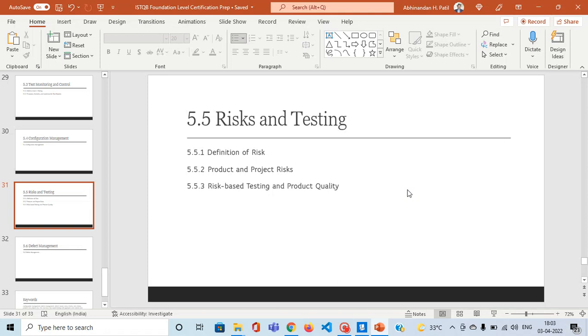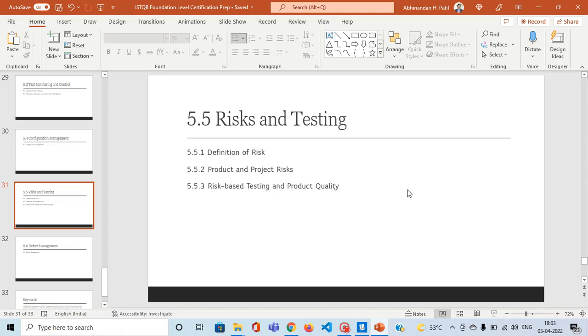Also, risk analysis is used to determine whether any activity in addition to testing could be employed to reduce the risk. That is also done as a part of the aftermath of risk analysis. And then risk-based testing draws on the collective knowledge and insight of project stakeholders.